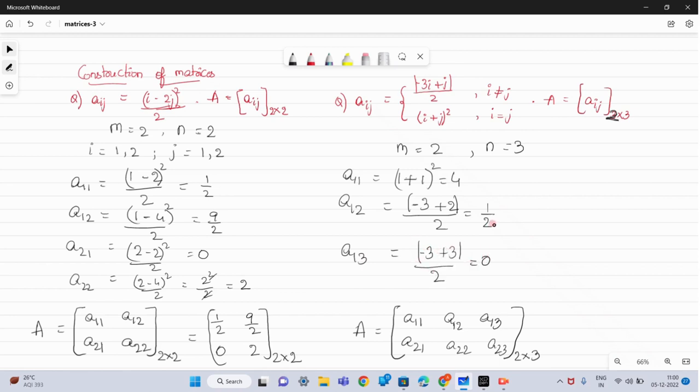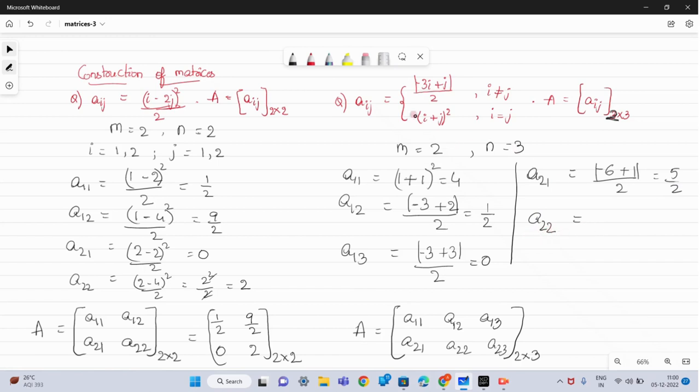Right? So similarly, find for the second row. a21 is second row, first column. So here i and j are unequal. So follow the first condition. It is minus 6 plus 1 mod by 2, which is 5 by 2. And a22. See, here i and j are again equal, right?